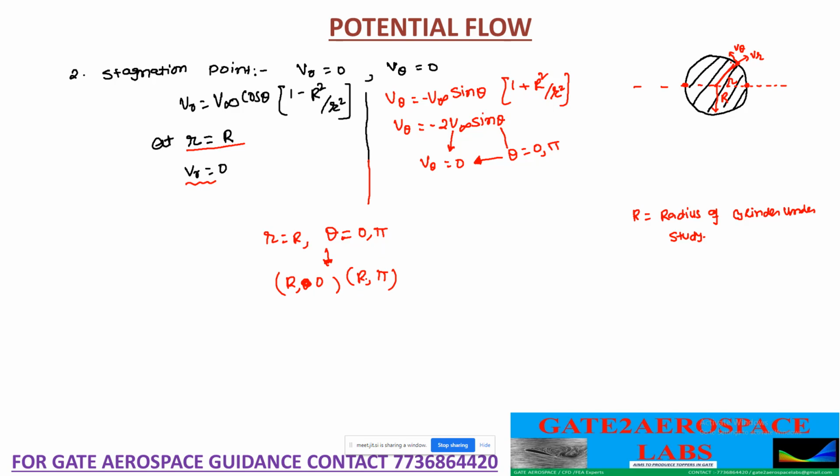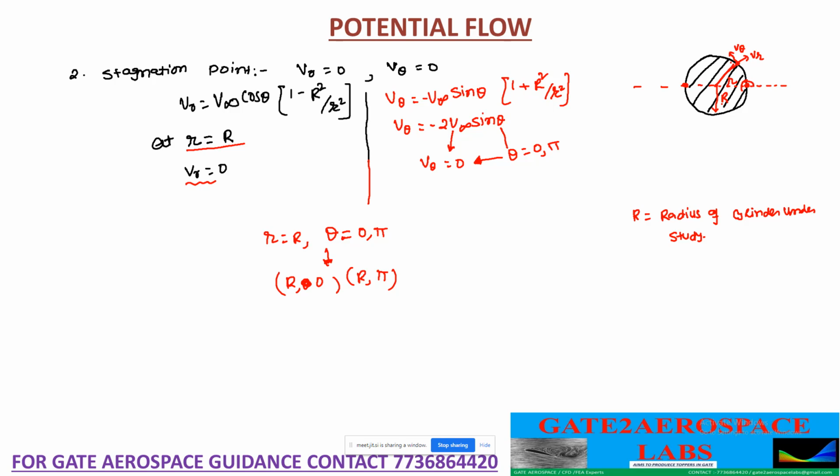These are the 2 points of stagnation. So I am having 0 velocity at theta equals pi and theta equals 0. Is it correct? At these 2 locations we will have 0 velocity. Correct? So the second objective we have completed.